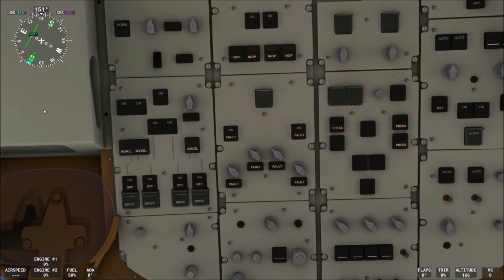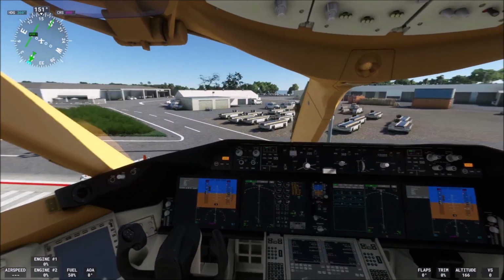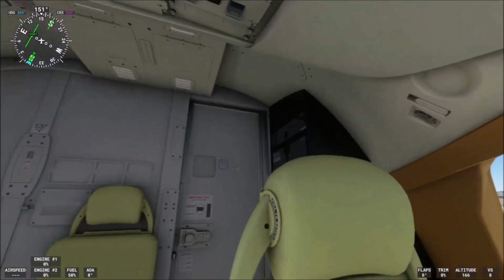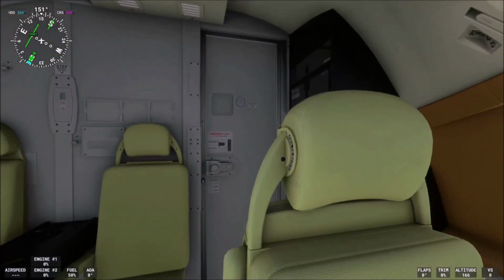Now we will go higher and we will have a look at the flight deck door power switch, which must be set to the on position. We're talking about the flight deck door, isn't it? I mean, you know which door is this, isn't it? We're talking about this door here. Okay, this one.